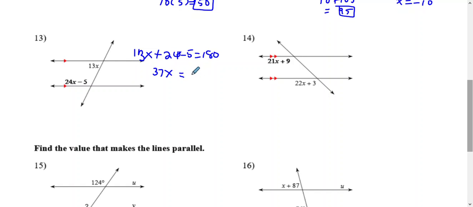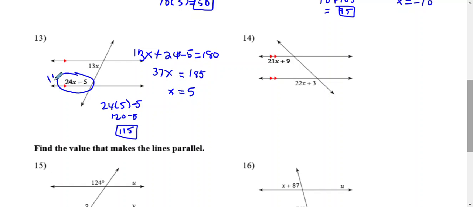When I add 5 to both sides, I get 185. When I divide both sides by 37, I get x equals 5. We again are not interested in what x is. We're interested in 24x minus 5. So we'd have to do 24 times 5 minus 5, which gives us 120 minus 5, which is 115. So the value of this angle is 115.